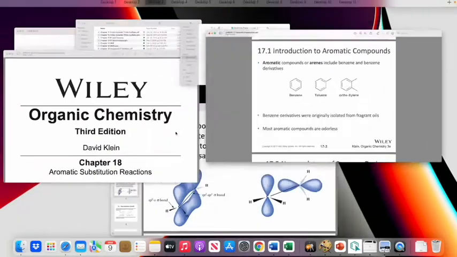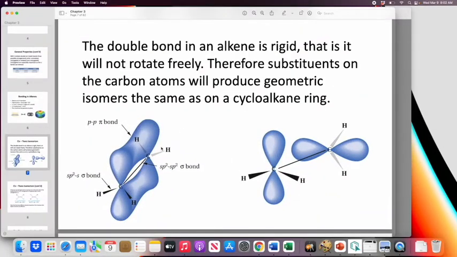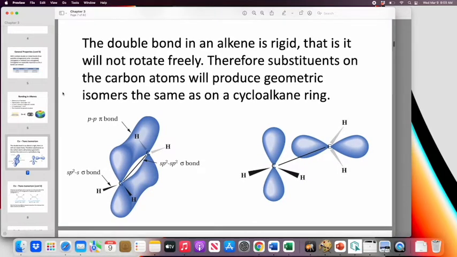All right, so why is that? If we go back to what a pi bond actually looks like. Remember we were talking about double bonds when we were talking about alkenes. We talked about how one of those bonds is just a normal old sigma bond, where the electron density sits between those two atoms, just what you would expect for a bond.